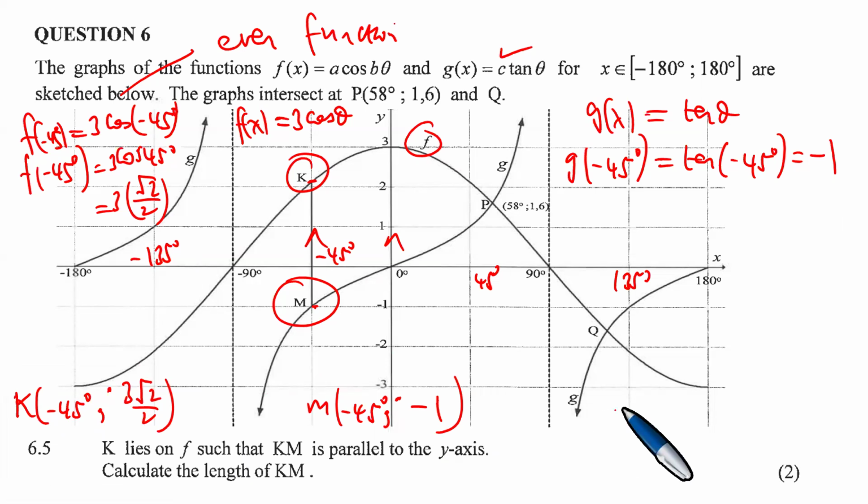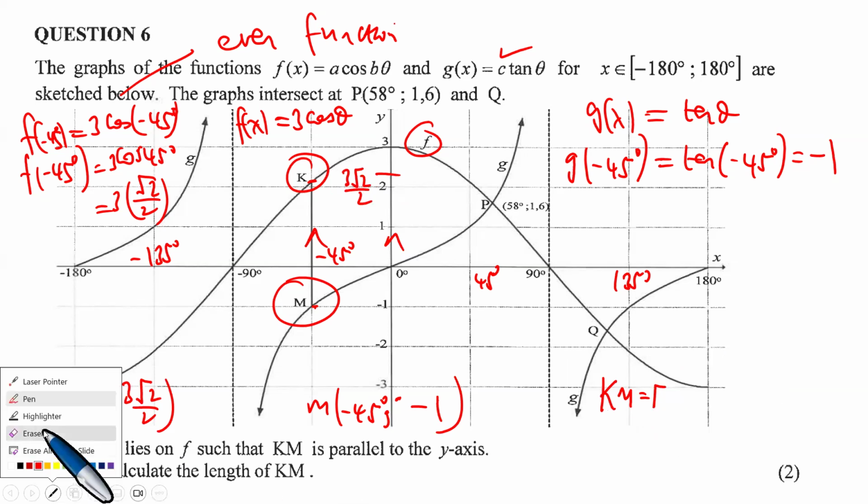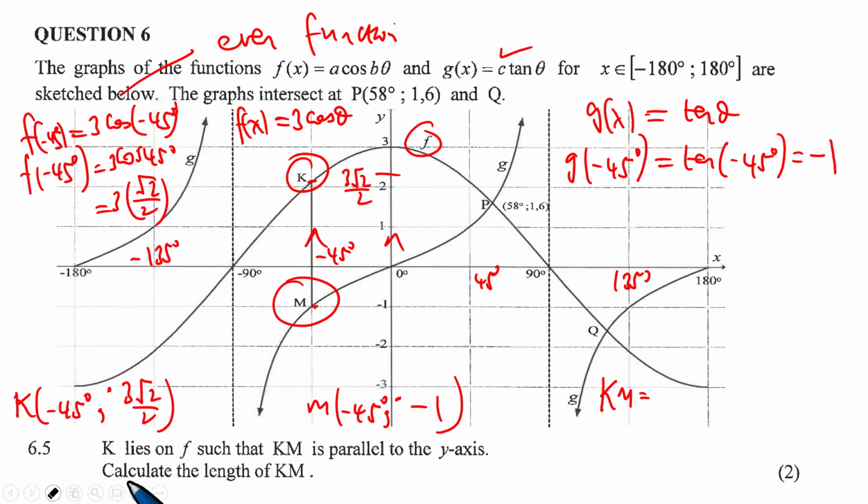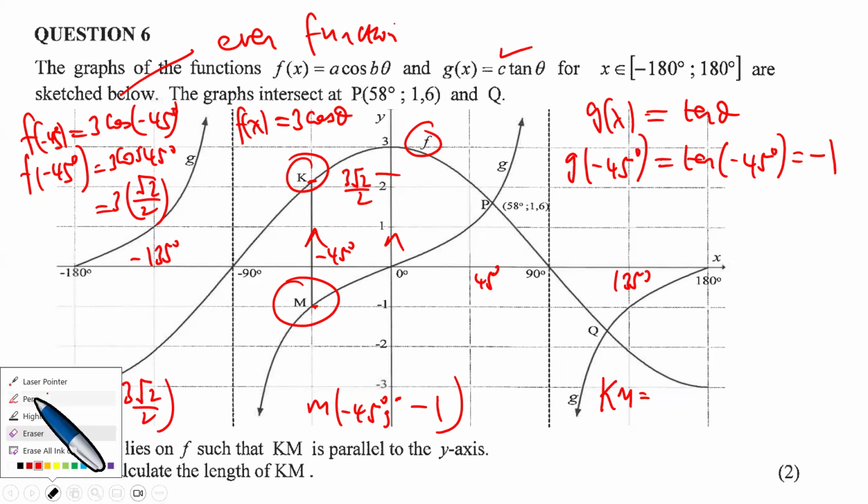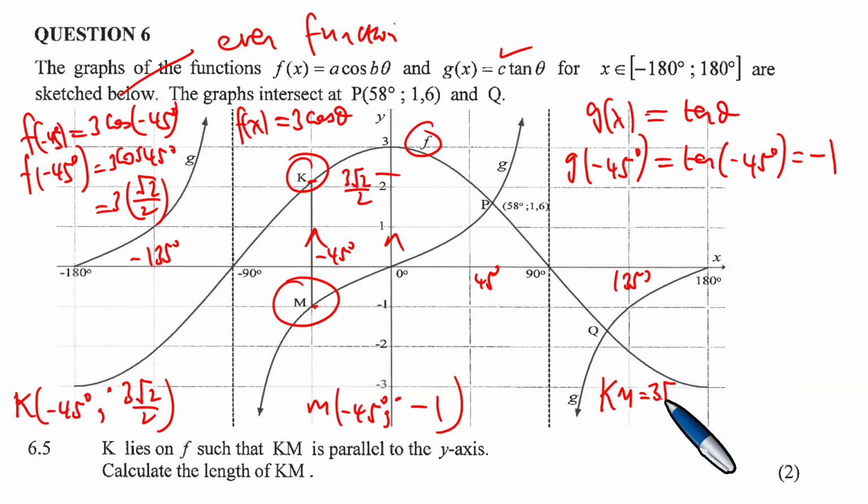And then what is KM? This one here is 3 square root of 2 over 2. And then here it's minus 1.